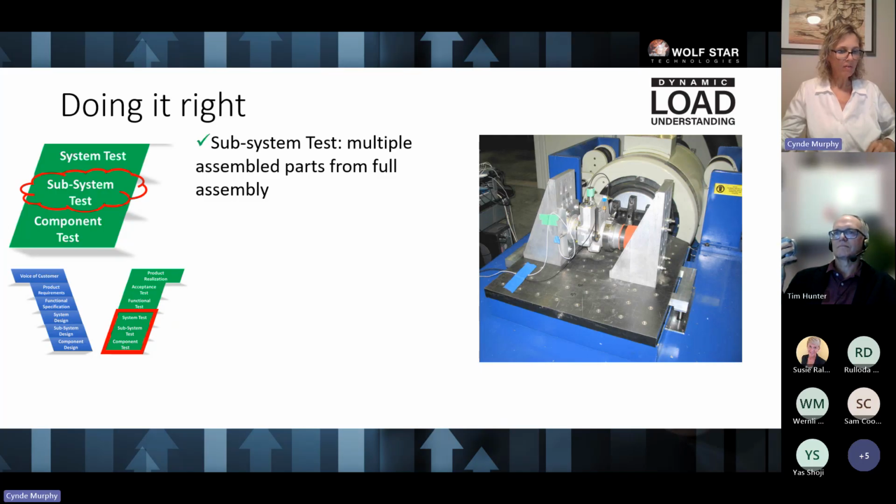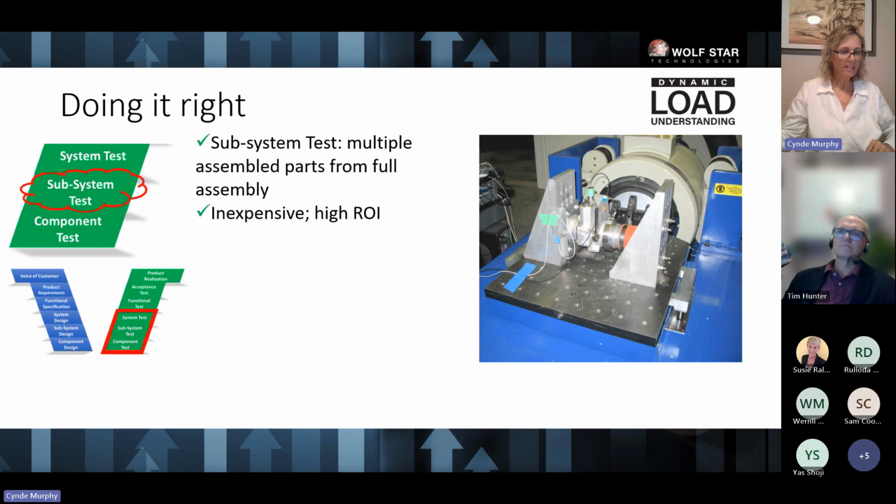The next level of testing in the lab is subassembly testing. This is multiple parts assembled like the vehicle. Relative to field testing, this is an inexpensive test compared to multiple axis full vehicle testing or field testing at a proving ground.